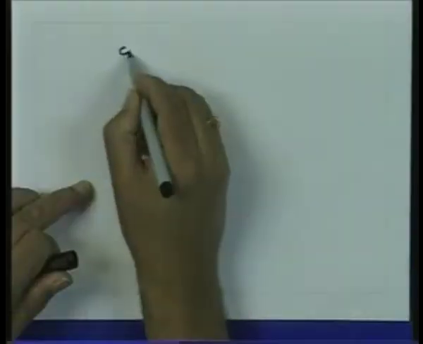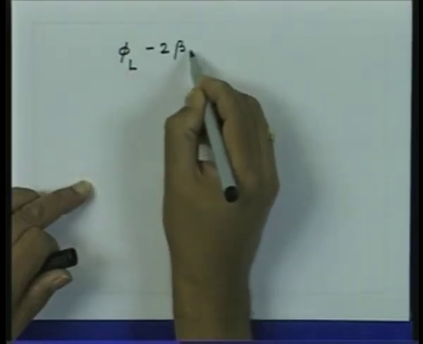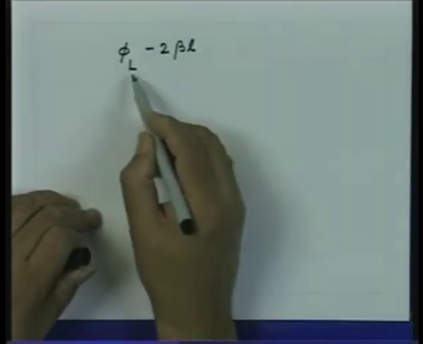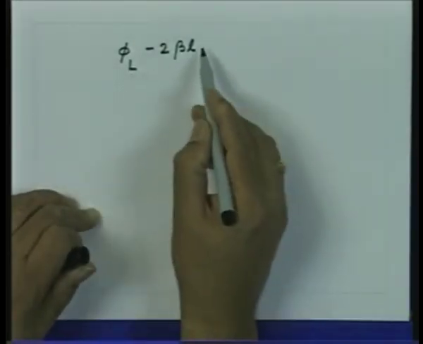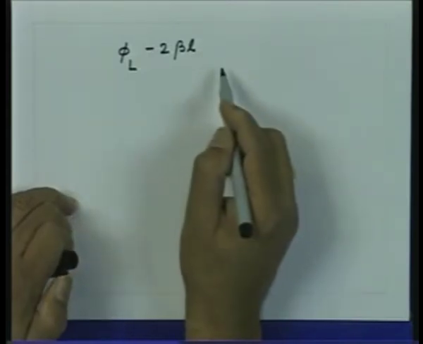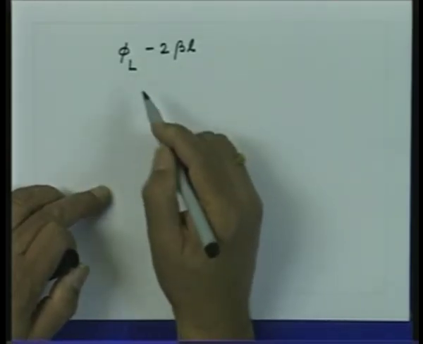the current maximum. So, we know that the phase difference between the two waves, the forward and the backward wave, is given as the load reflection coefficient phase minus 2 beta L. When this quantity phi L minus 2 beta L is even multiples of pi, the two waves have constructive interference and I have a voltage maximum.